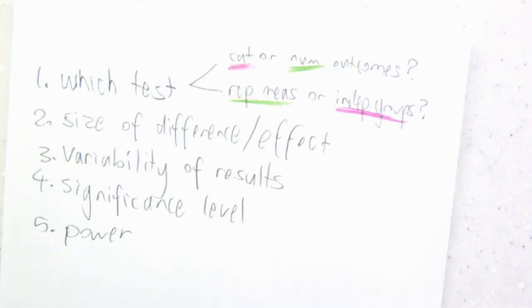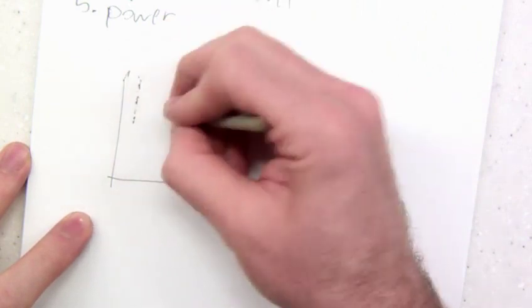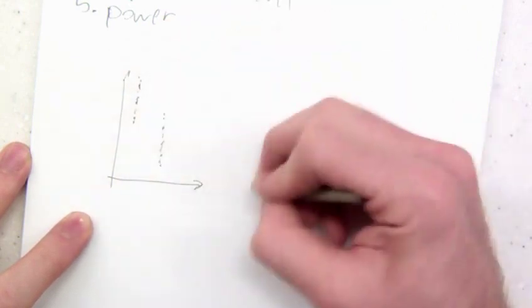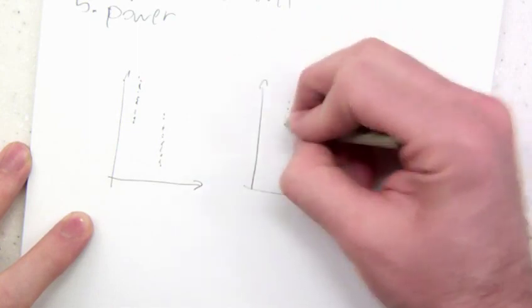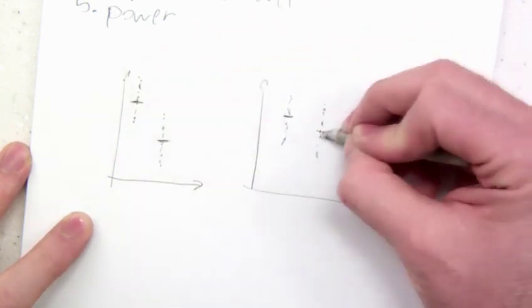All right. The next thing is the size of the difference or the effect that you're looking for. I'm going to draw some pictures for that. So this is where my jittered scatter plot comes in. Suppose I had 2 groups that were like this, and 2 groups that were like this, and this one has a mean here and a mean here, and this one has a mean here and a mean here.